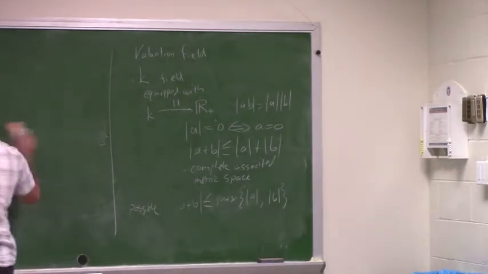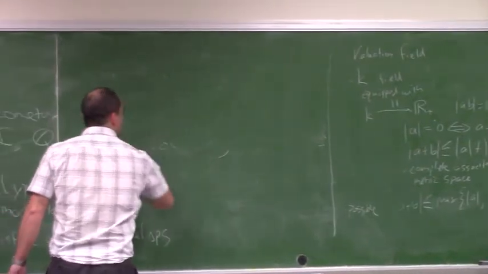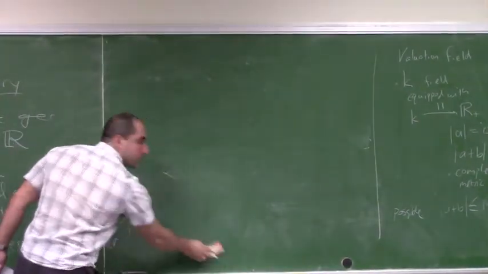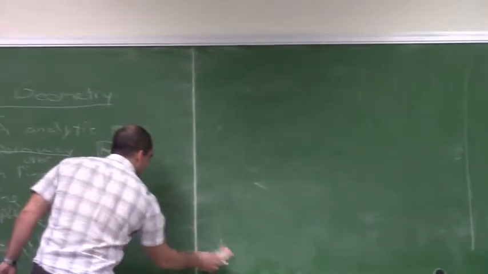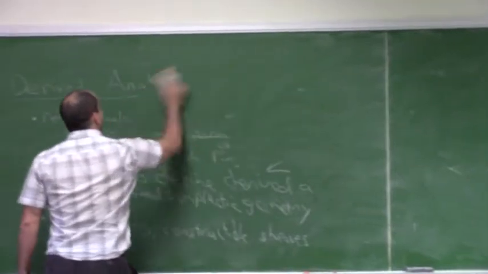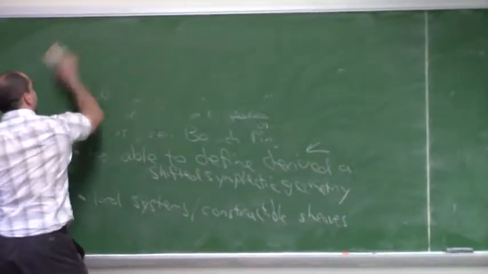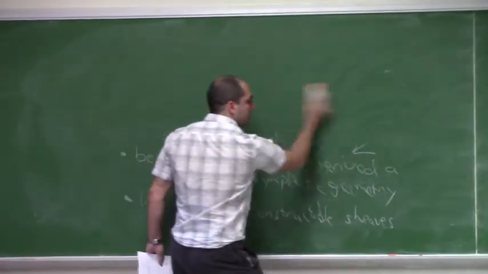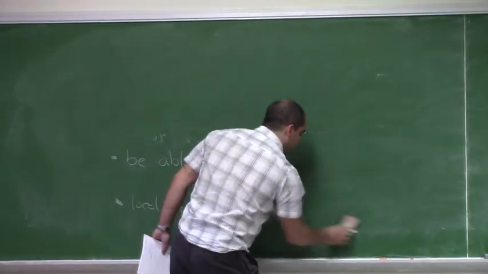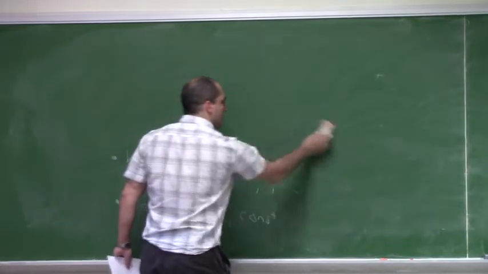Okay, so to each of these fields, we can associate a category of Banach spaces over K. And it's going to have a monoidal structure, which is the projective tensor product. And it will have various other nice features that allow us to do homological algebra.